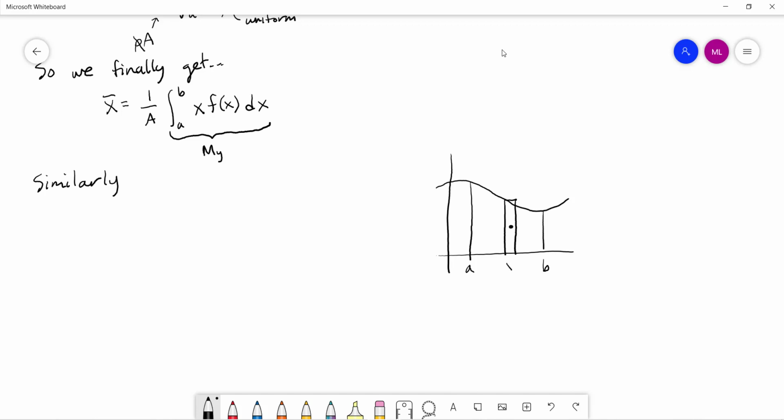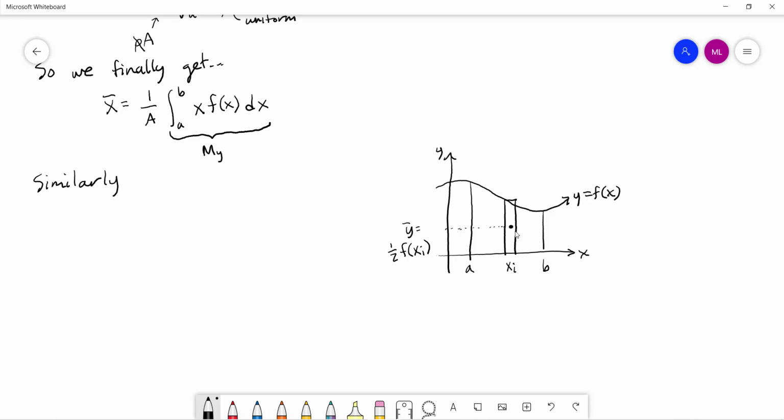So if this is some x sub i, this height is going to be exactly, so if this is y equals f of x, here's my y-axis and my x-axis, where is this point going to be, my y bar height for that one little piece? It's going to be exactly half the height of the bar. But what's the height of the bar? f of x. So in this case, it's going to be half of f of x sub i. That's going to be what the height is of that particular point there.